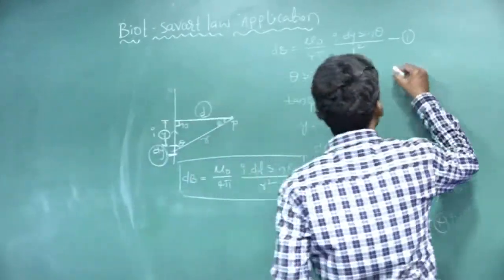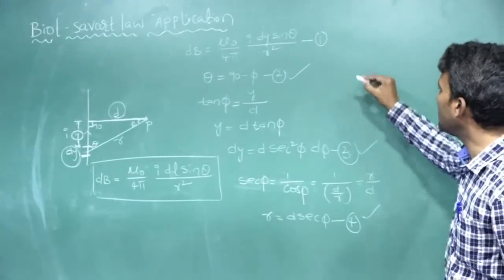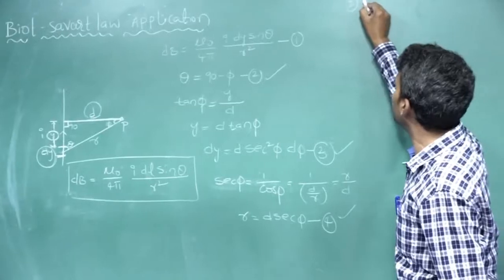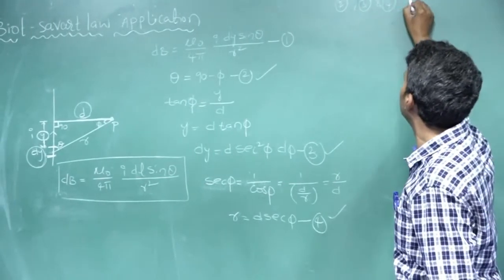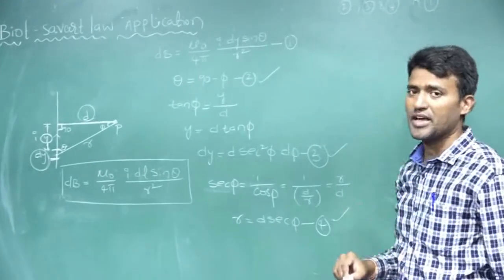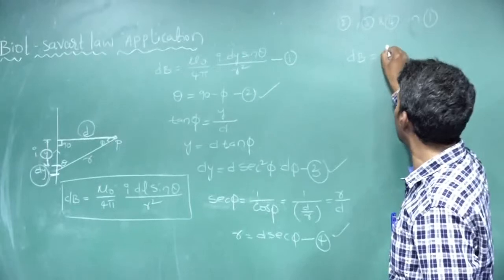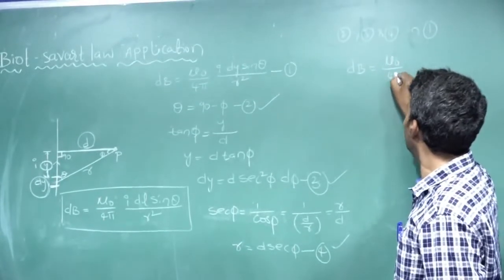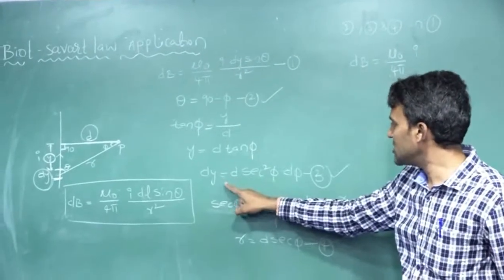Substitute equation 2, equation 3 and equation 4 in equation 1. At that moment, you can write dB is equal to mu naught by 4 pi I dy. What is dy equal to?